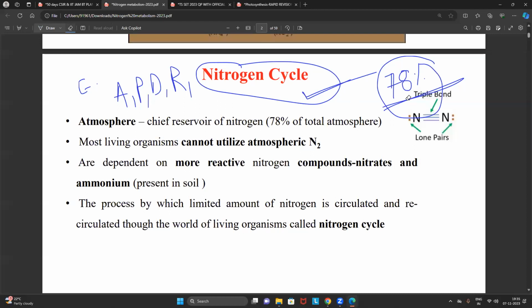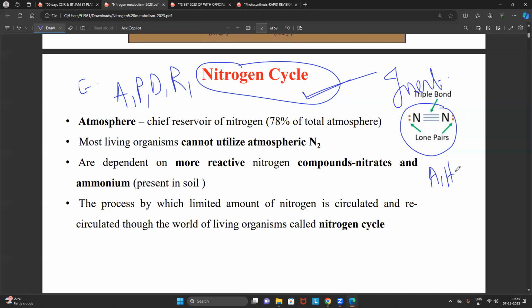But unfortunately, the nitrogen that is present in the atmosphere is chemically inert. More specifically, it is N triple bond N. We, animals, humans, plants, do not have any kind of enzyme that breaks this triple bond so that we can make use of the nitrogen directly. So now what is the advantage and what is the disadvantage?